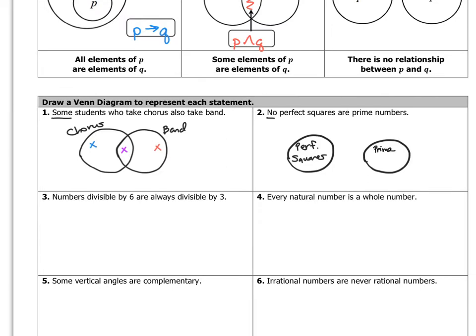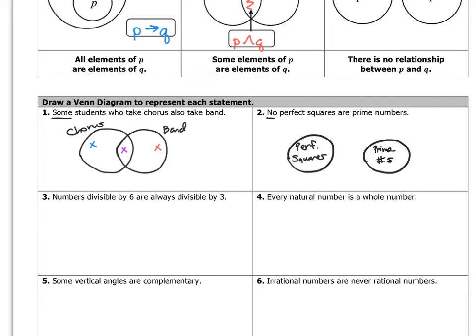And if you think about that for a moment, to be a perfect square, there has to be some other number that you can multiply by itself to get your perfect square, and that defeats the definition of prime. Okay, so no perfect square is going to have only factors of 1 and itself, so therefore it can never be a prime number.